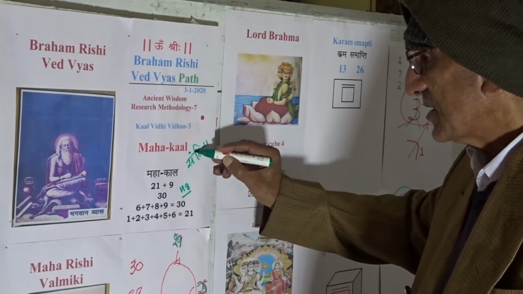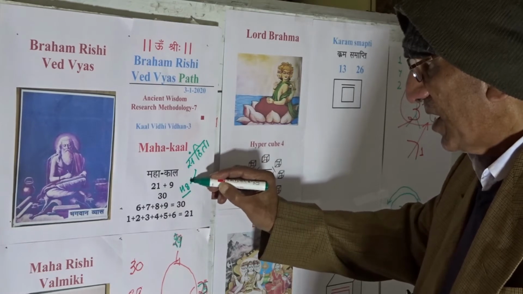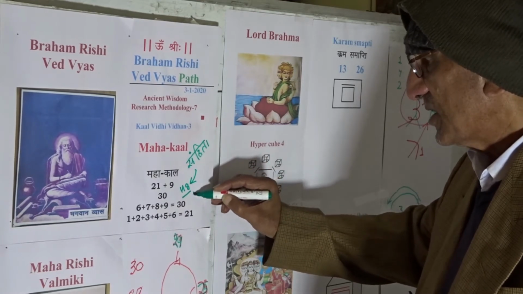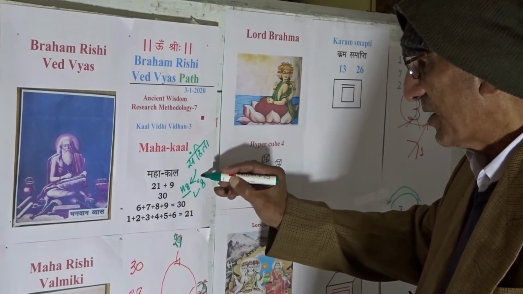Sahita as such is of the format of hypercube 8, the representative regular body of 8 space, that is of Asht Prakriti.